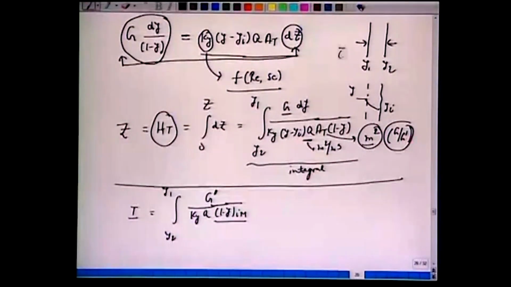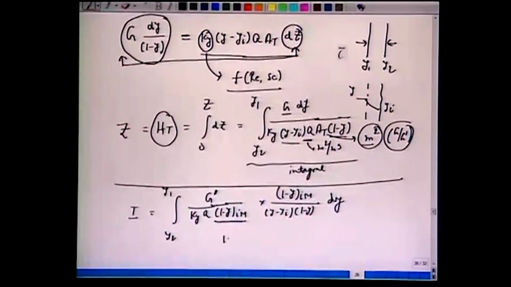This is not the first time we have introduced this nomenclature, the I m, it is a logarithmic average. Okay, we will write it. So, we are dividing and multiplying by this quantity (1 minus y)_I m over the previous quantities, y minus y_I from here and 1 minus y from here, and we have this dy.